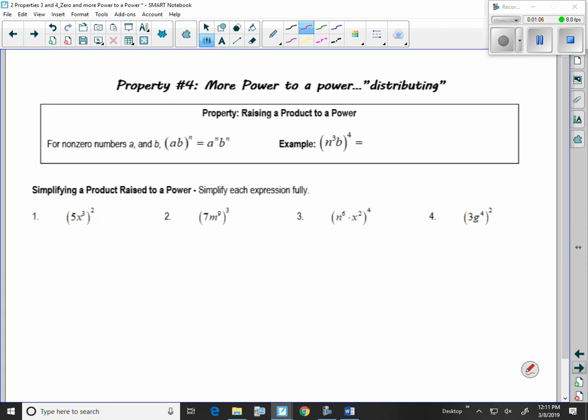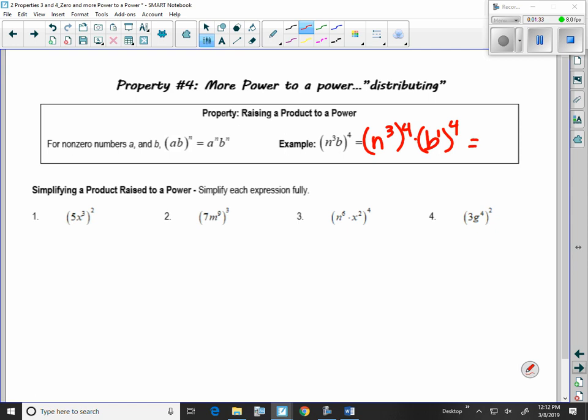All right, property 4. It's more power to a power, but we're going to do distributing with power to a power. Okay? So here's how that goes. In this case, we would take n cubed to the 4th and b to the 1st to the 4th. So you basically take that 4th to both of those terms.